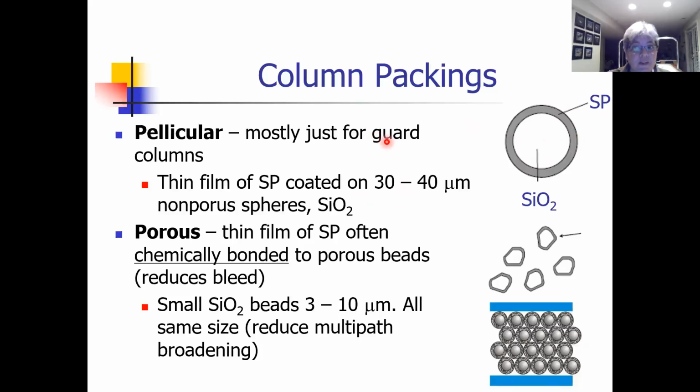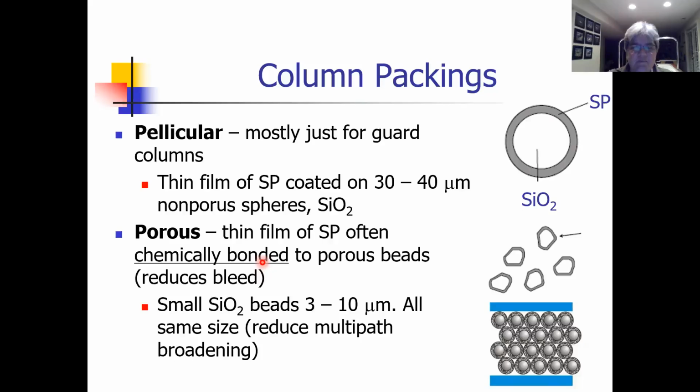Now, what about that regular analytical column? What's inside that? Well, those are usually these porous beads, which are much smaller. Notice 3 to 10 instead of 30 to 40. And they also have these small, thin films of stationary phase on them. Usually they are chemically bonded onto those beads, again, so that they don't bleed off.